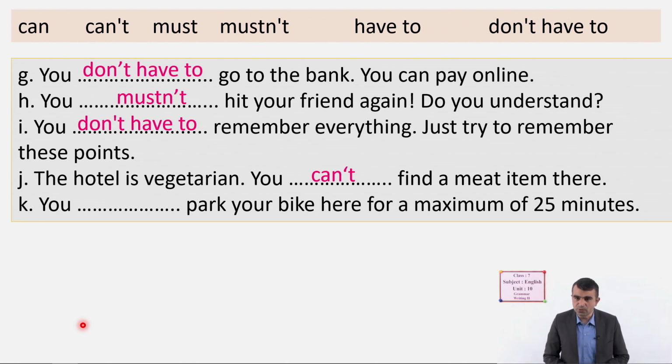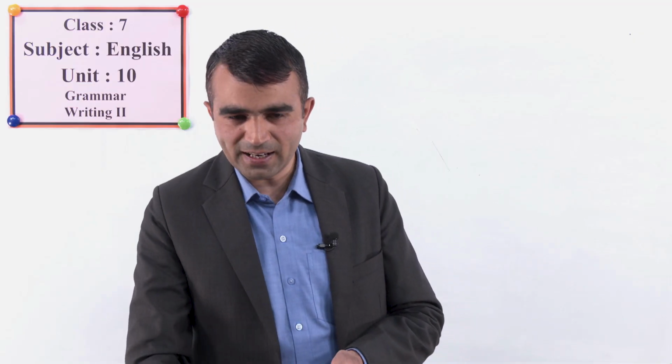Now, last one, number K. You blank park your bike here for a maximum of 25 minutes. What do you use here? Okay, you can park your bike here for a maximum of 25 minutes. Can you do these sort of things? Very good. Okay, you did very well.